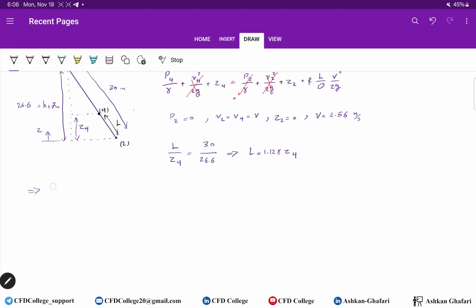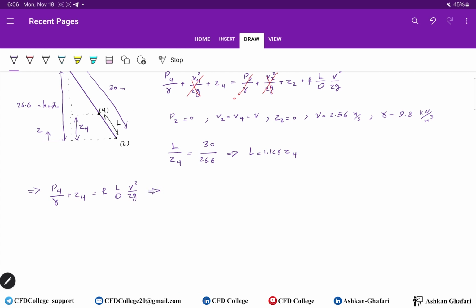Okay, so now if we put the values in the equation, and you know that gamma of water equals 9.8 kilonewton per cubic meters. So P4 over gamma plus Z4 equals FL over D V square over 2G.